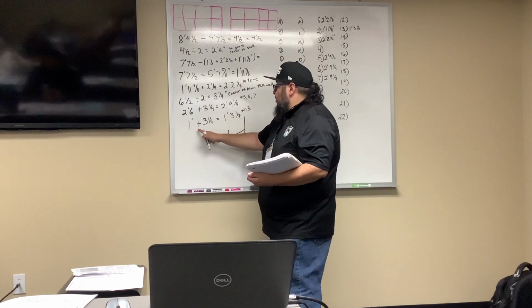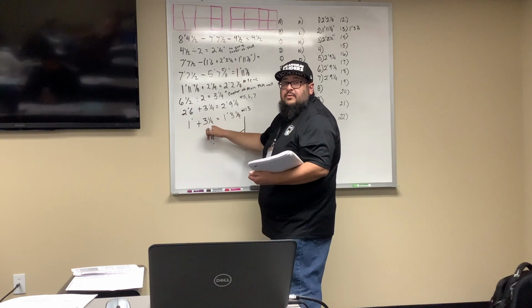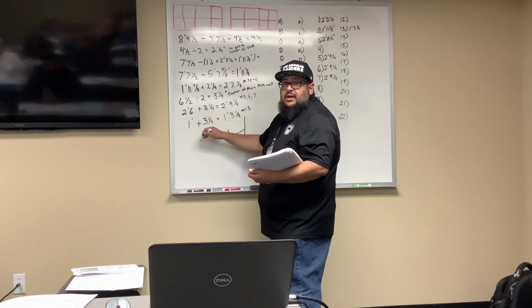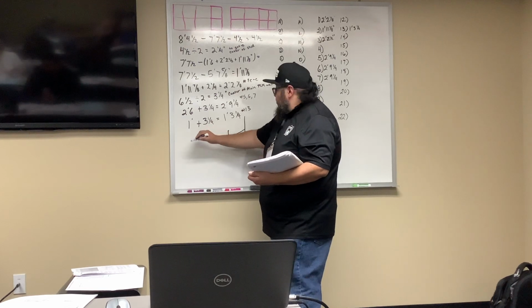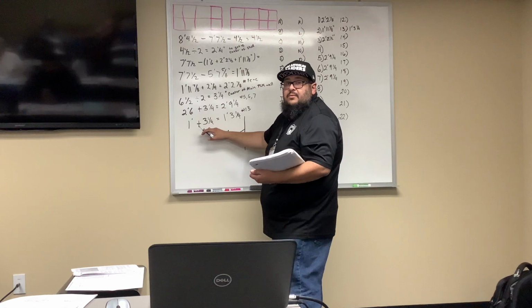Then from the finished wall to the center of the stud, it's 3 1/4. And that's including the 1/2 inch for sheetrock? Yes, that's already including the 1/2 inch for sheetrock. So that's what we add, only the 1 foot and the 3 1/4. Okay.